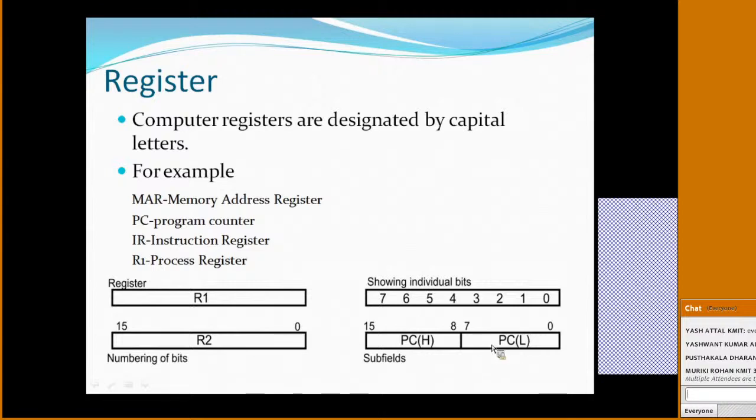For a 16 bit register, the subfields can be specified like this.